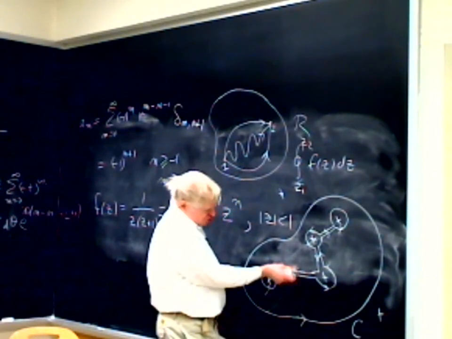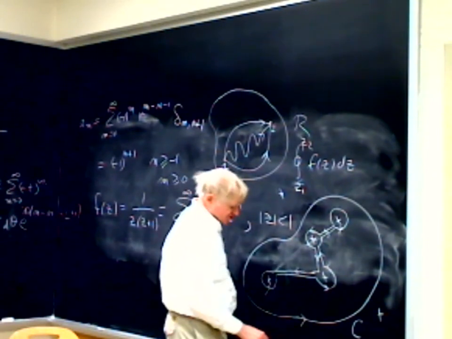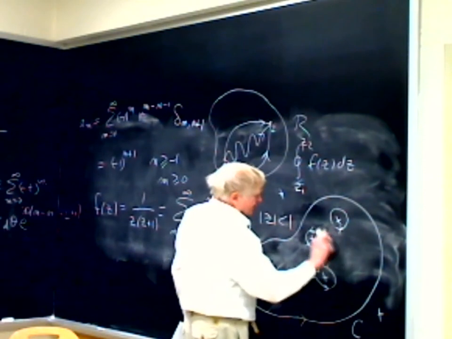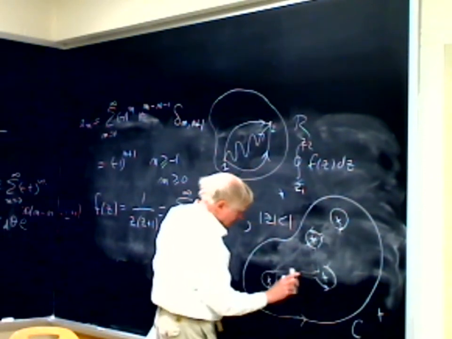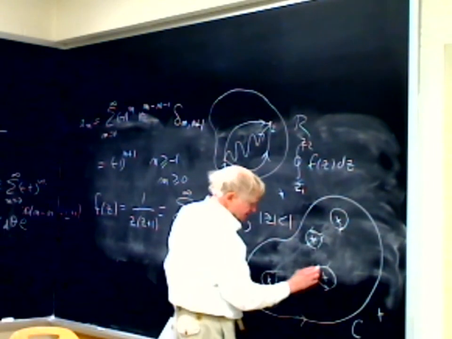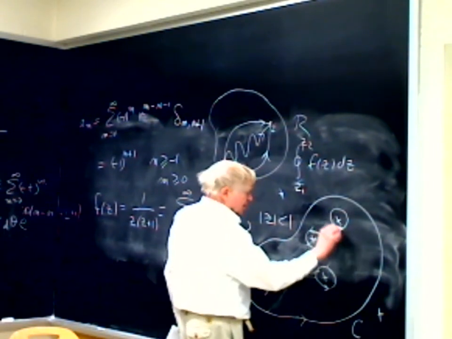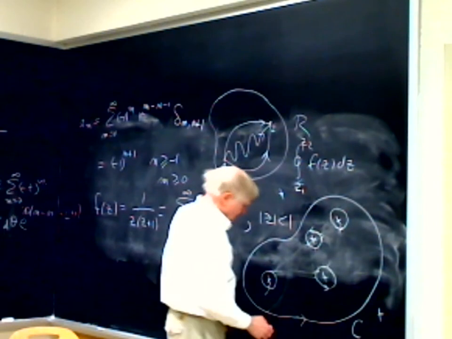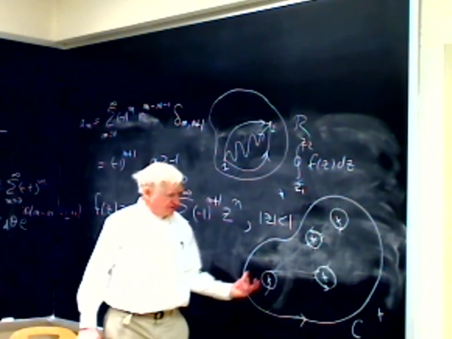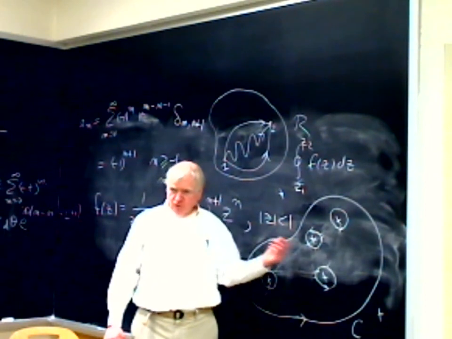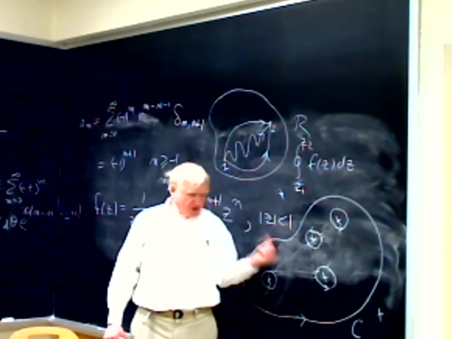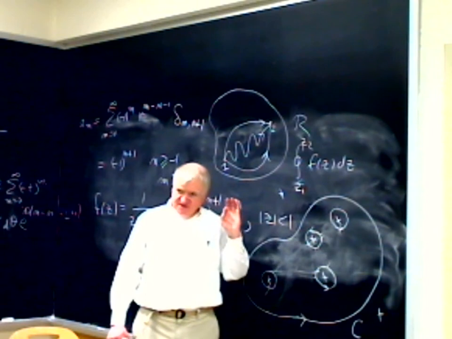So now, if we shrink it some more, we just get these lines that are parallel and infinitesimally far apart, and they cancel. So now we've got 4 counterclockwise integrals around the 4 points, and we can shrink them further so that they're infinitesimal circles.